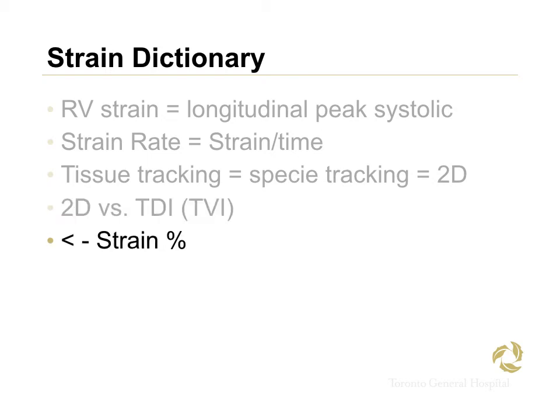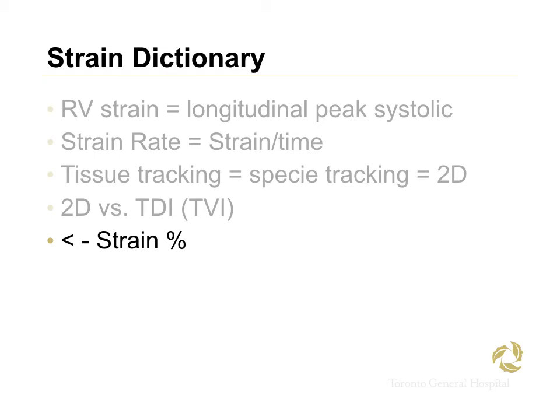One thing that I find confusing is the fact that a normal strain is a negative number. So minus 20 is the cutoff for normal. A more negative strain, like minus 35, is better function than minus 20.